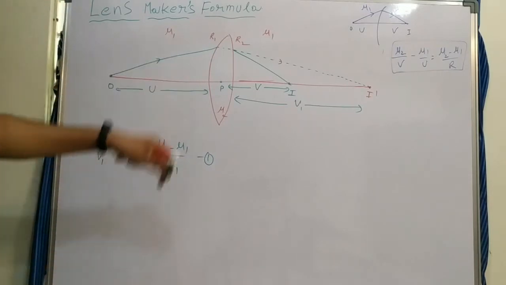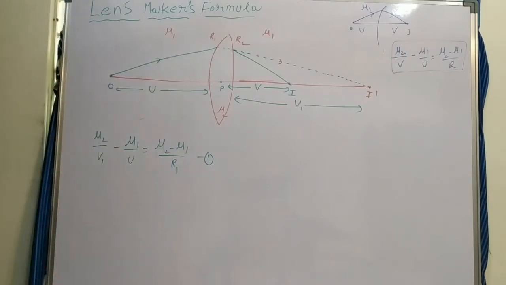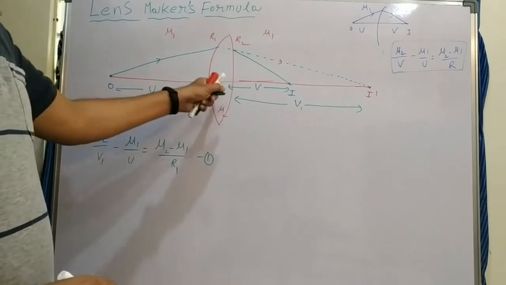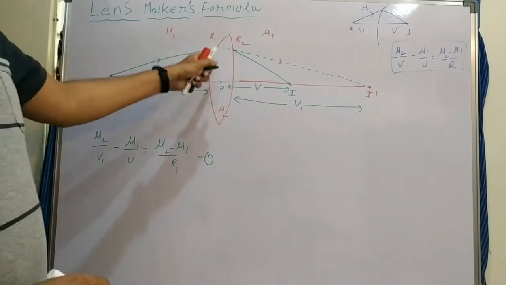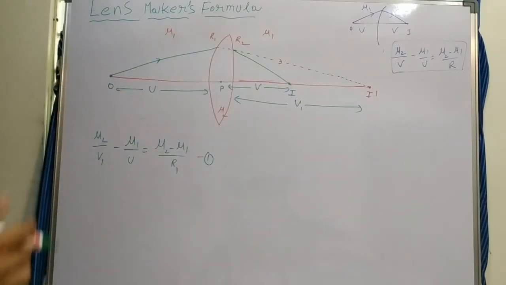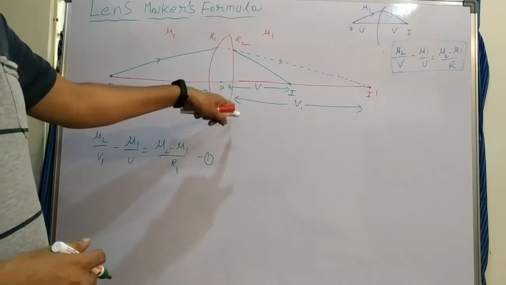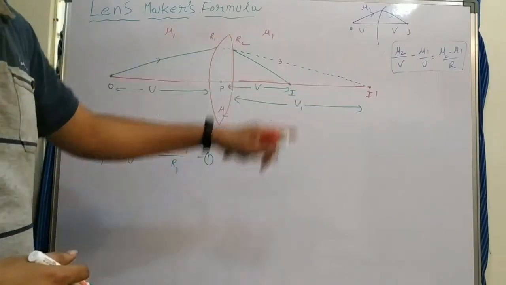Now the second refracting surface. Here light enters from mu2 to mu1, reverse: first mu1 to mu2, then mu2 to mu1, lens to outside. What is the object distance? For the second refracting surface, v1 is the object distance and v is the image distance.